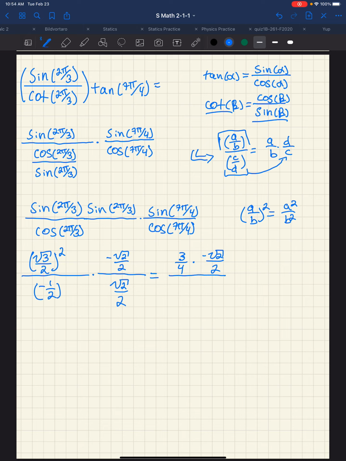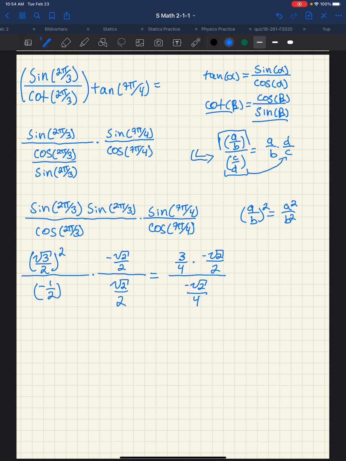I'm now just combining both of these fractions. Then we're going to have a negative a half times a root 2 over 2. Well, that's simple. They're two fractions. We're multiplying them, so we can just multiply the numerators and then divide that by the product of the denominators. So negative 1 times root 2, negative root 2, all over 2 times 2, 4.